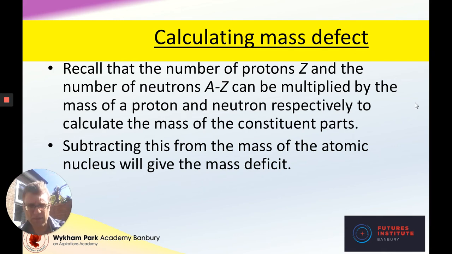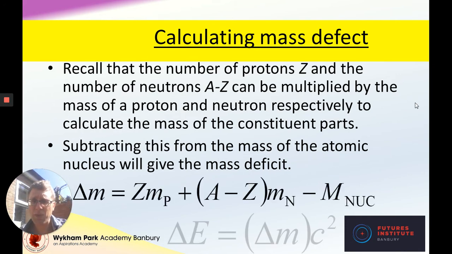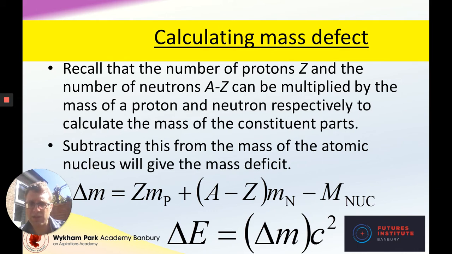Now this is a very write-everything-down approach. It's probably easier to think: here's the mass of my protons, here's the mass of my neutrons, let's add them together, and take away the mass of the overall nucleus. But for a particular nucleus with atomic number Z, that's the number of protons times the mass of a proton, plus the mass of a neutron times the number of neutrons, which is the mass number minus the atomic number, then take away the mass of the nucleus as a whole, which we've got.